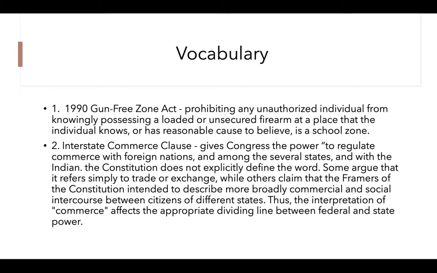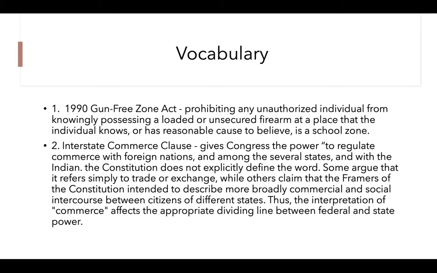This clause gives Congress the power to, and I quote, regulate commerce with foreign nations, that's first, and among the several states, and with the Indian tribes. Because remember, Indian land was considered federal grounds, and not just federal grounds, but their specific grounds. So therefore, it was about trading with them also.